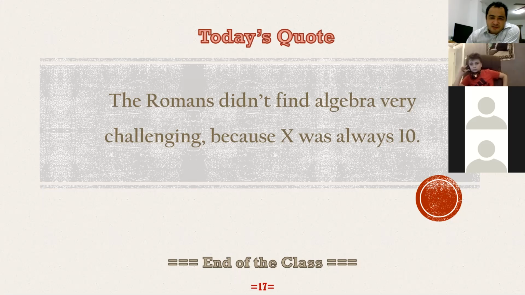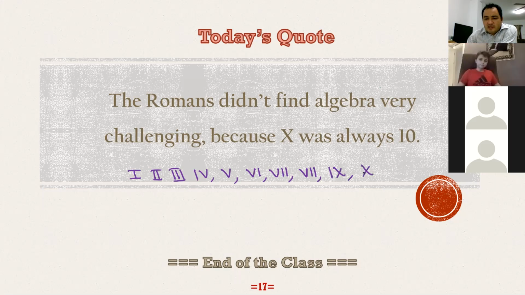Actually, in Roman numbers, here we have this one is 1, and that is 2, that shows 3, and continue, that's 4, 5, 6, 7, 8, and 9, and that is 10. And what is 10? Actually, that is x.